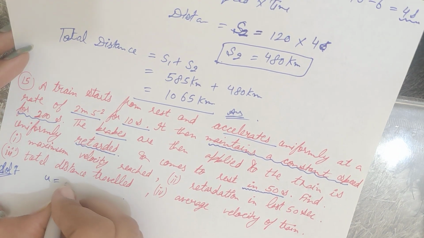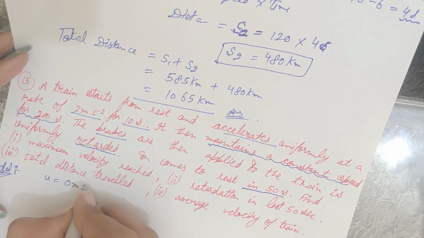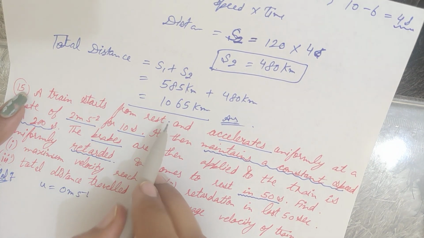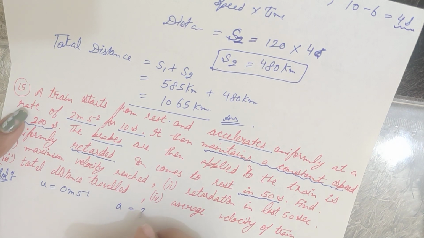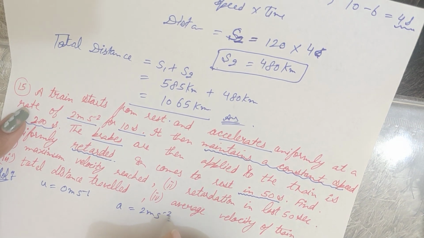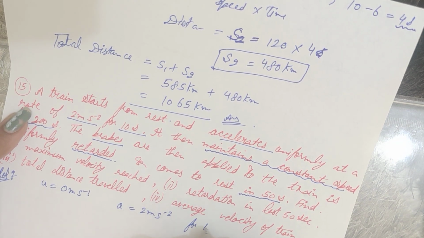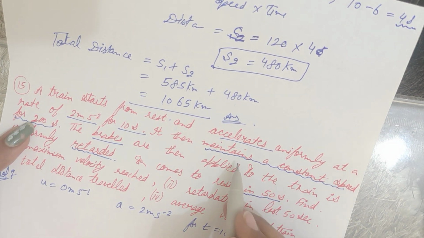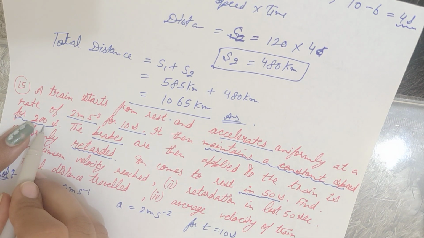So U is equal to 0, given because the train starts from rest. Acceleration is 2 meters per second square for time 10 seconds. It maintains the same speed for 200 seconds.